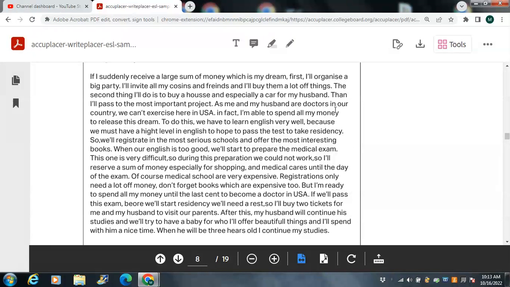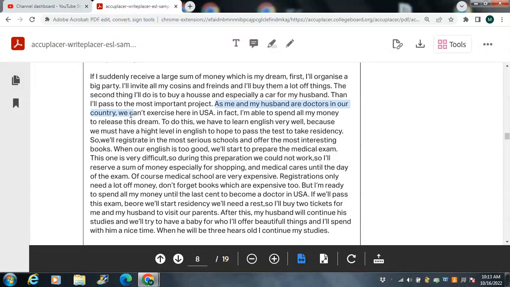Moving on to the next sentence. As me and my husband are doctors in our country, comma, we can't exercise here in USA. Okay, so we've got some grammar issues here, but I see how they're using a complex sentence. They're using the subordinating conjunction, or what I call dependent markers, because they're used to make dependent clauses, which is why I like to call them dependent markers.